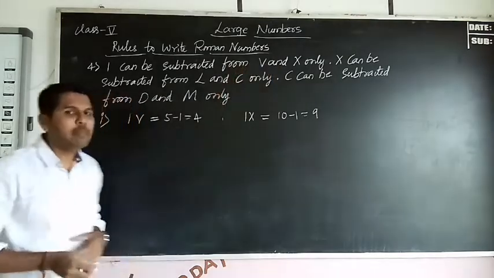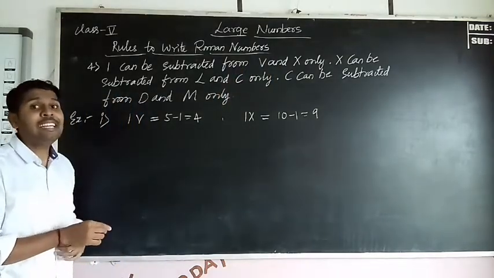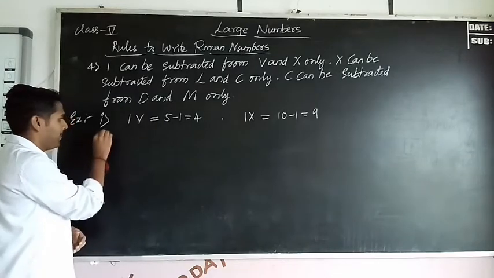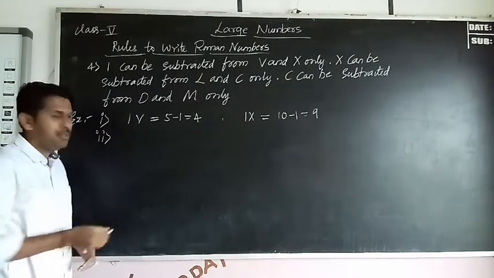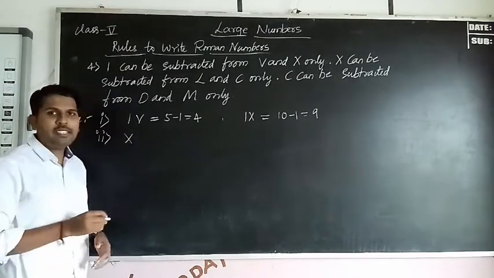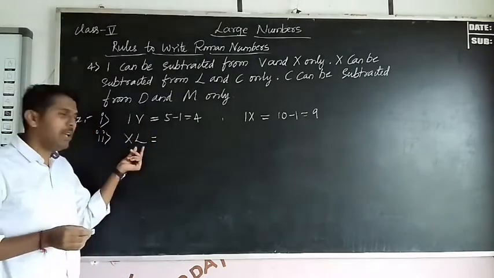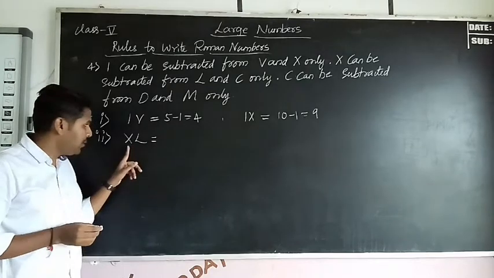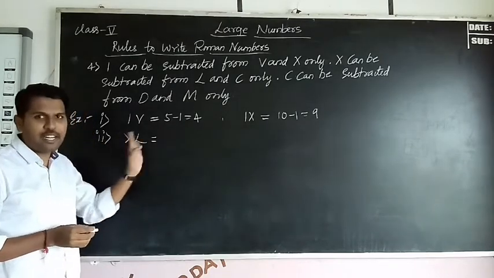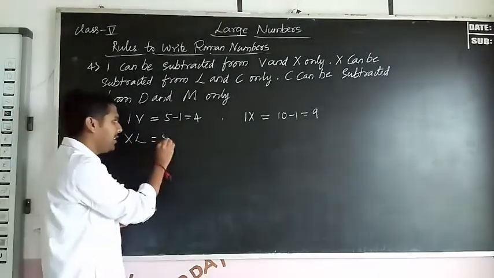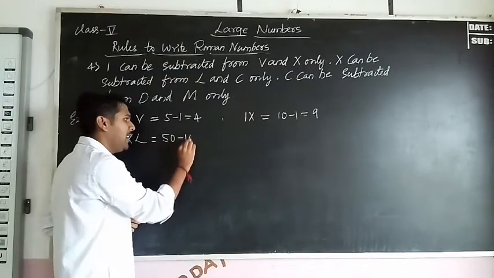So next, X can be subtracted from L and C, no. So X is placed before the larger value L. L value is 50, no, X value is 10. So before means subtraction, L value 50 minus 10.